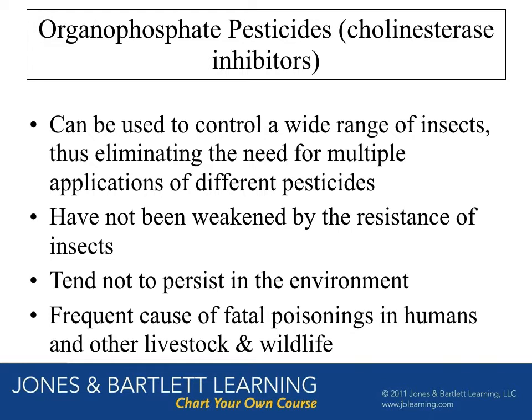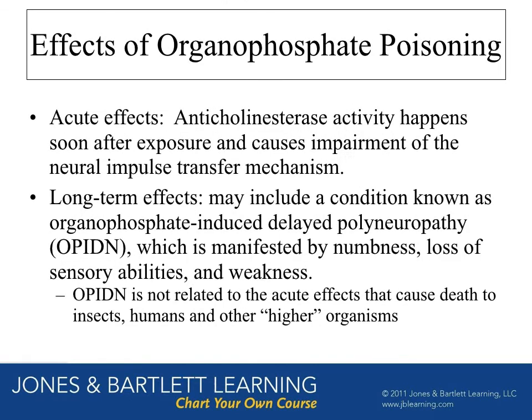However, they are very toxic to humans, other wildlife, and livestock, and so they are one of the most frequent causes of fatal poisonings in humans and suicides, because they are so highly toxic to a wide variety of species. So there's some benefit and some cost here. There is no resistance. They don't persist long in the environment, but they are highly toxic to a wide range of things beyond just the pest category.